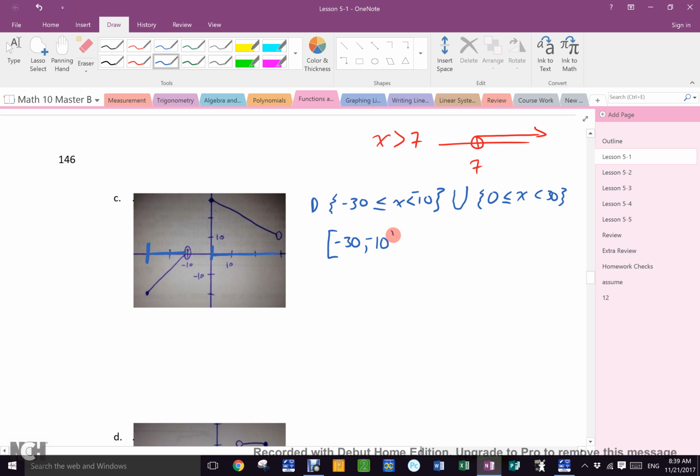So I put a curve bracket. Not a squiggly bracket. This is very detail-oriented. It's a pain. Everybody cool? Yeah. And then I put the U, because it continues on. Did I hit 0? So is it a square or a curve bracket? Square, 0, comma, what did I go up to? 30. Did I hit 30? No. So what kind of bracket? Curved. A parenthesis. Everybody cool?